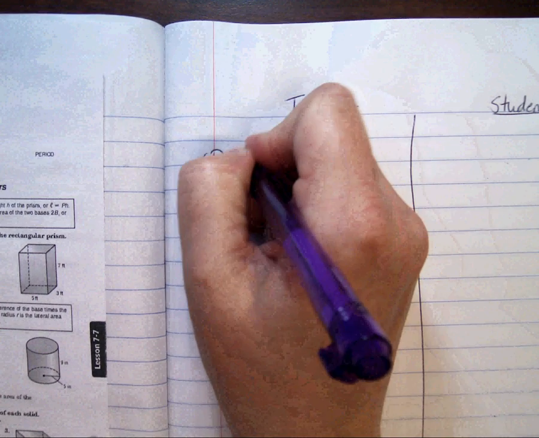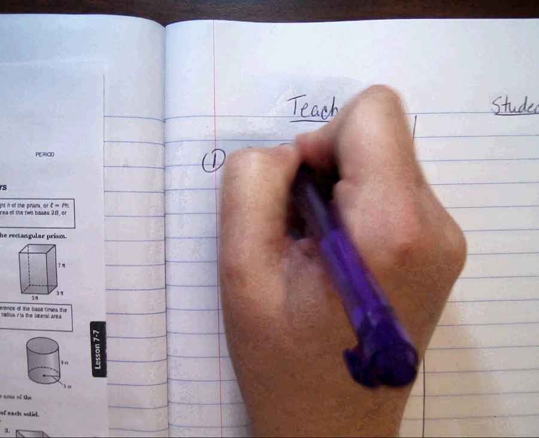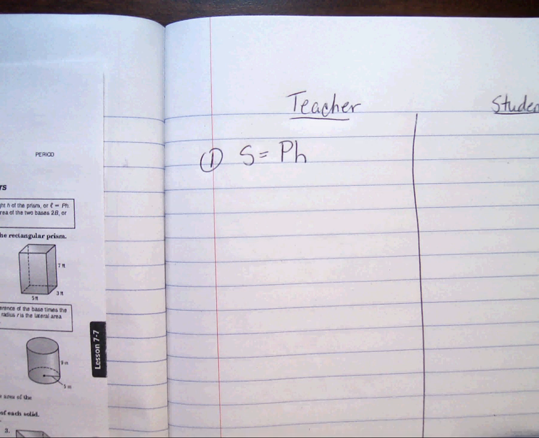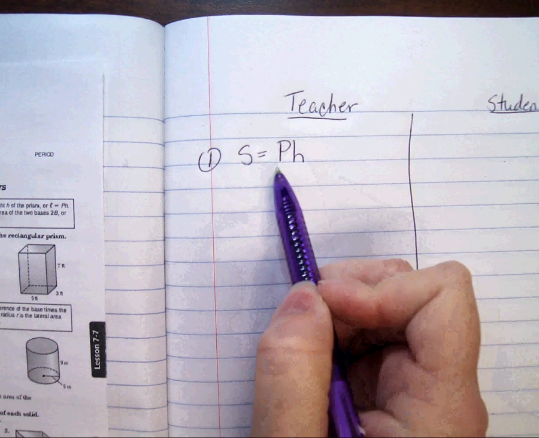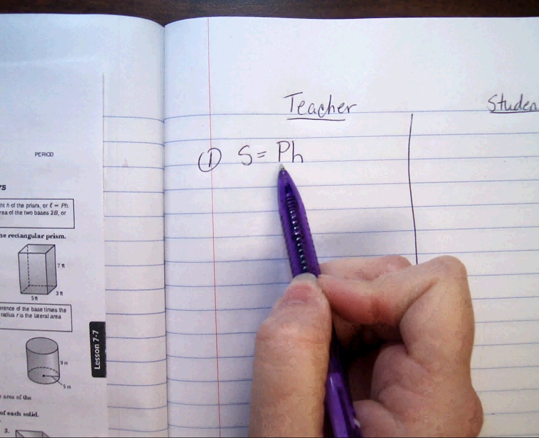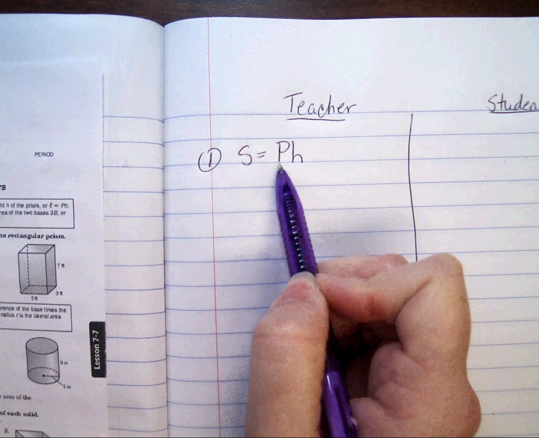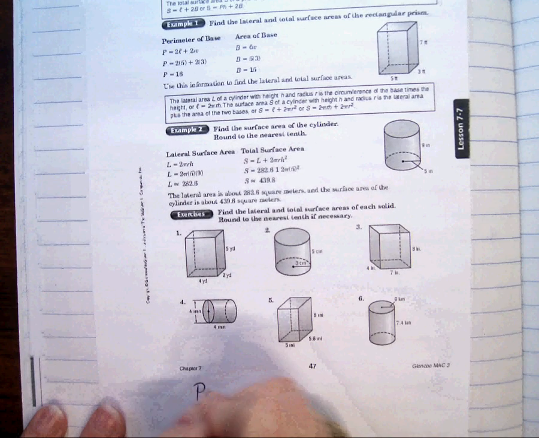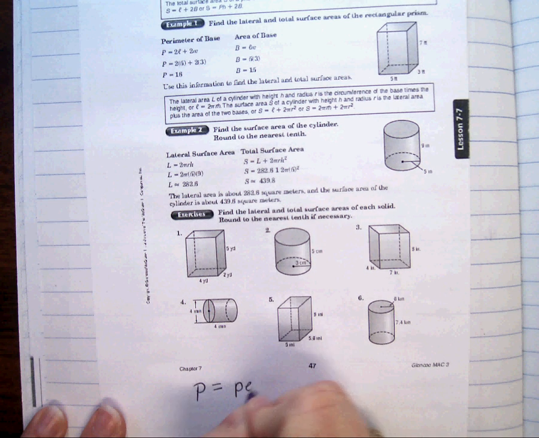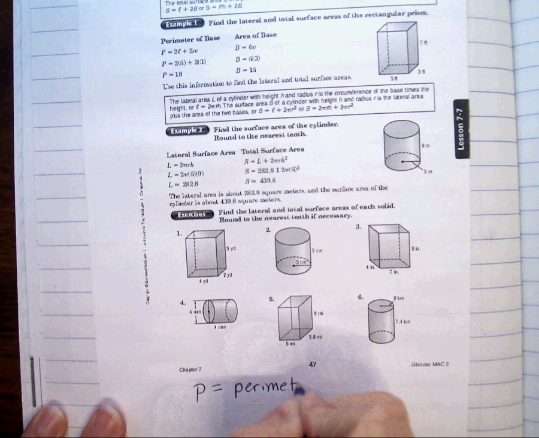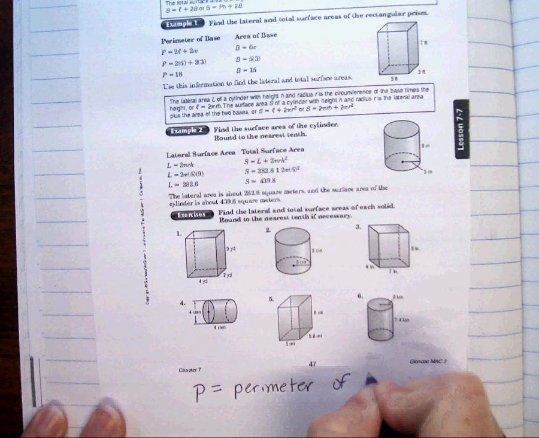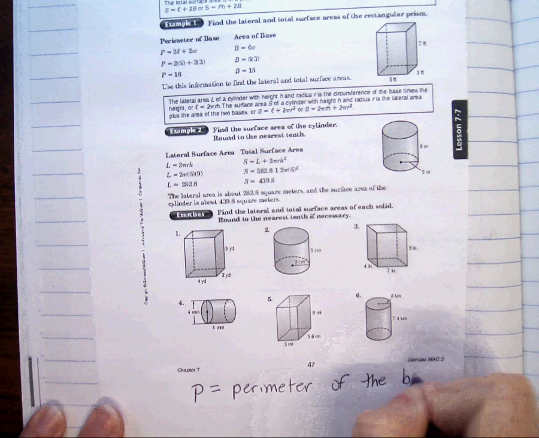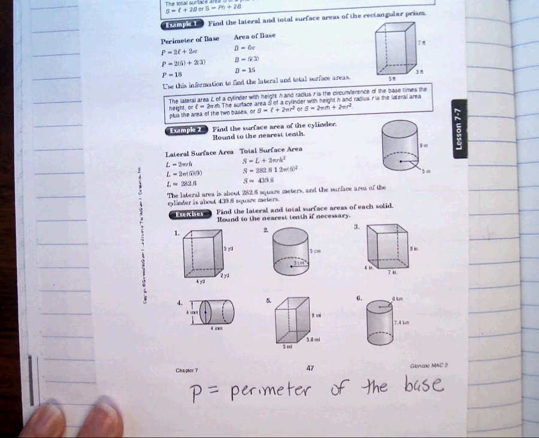First thing I'm going to do is write that formula. Now, we need to talk a little bit about what this P represents. P stands for perimeter of the base.